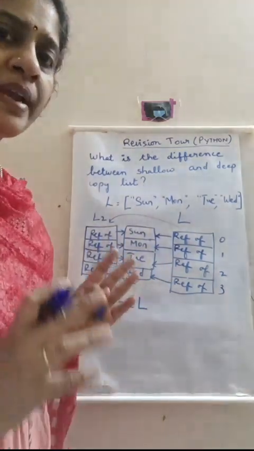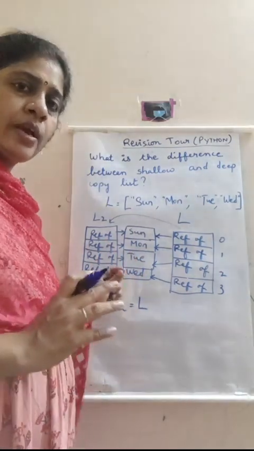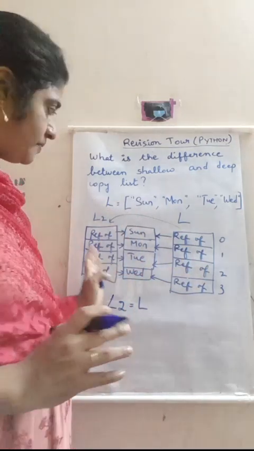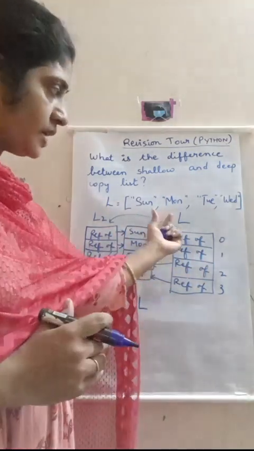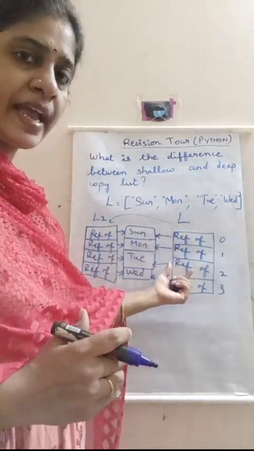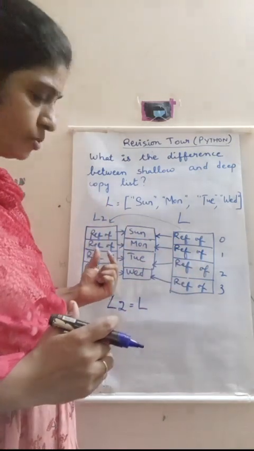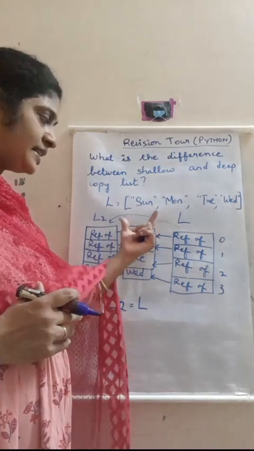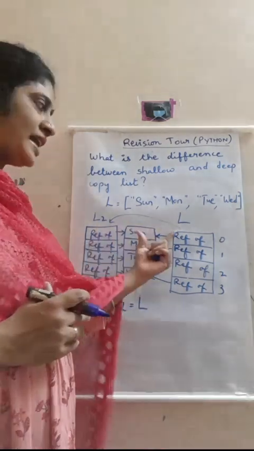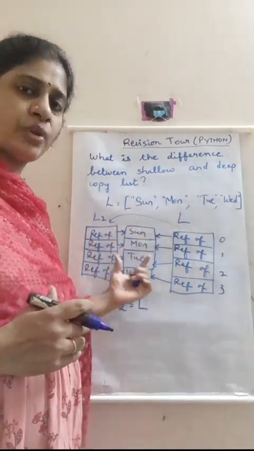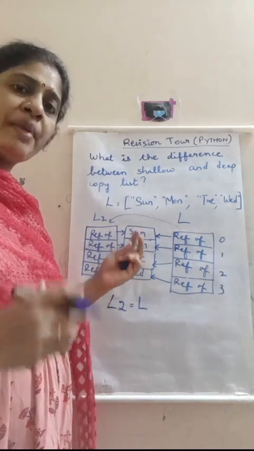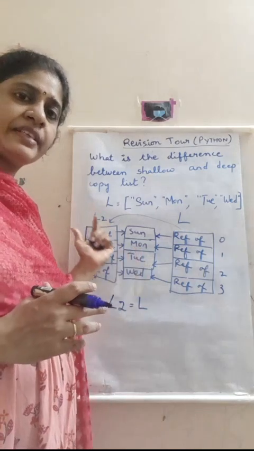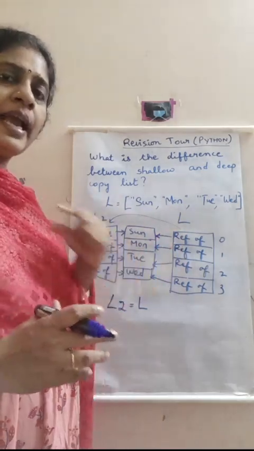New memory won't be allocated for L2. Only a variable will be created and the references of L will get copied to L2. So it is just another label to this location. L2 and L both are referring to the same location. If you make any changes in this location, it will be reflected in both L and L2.